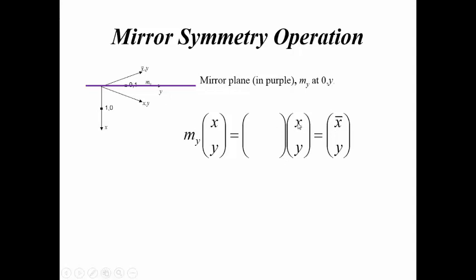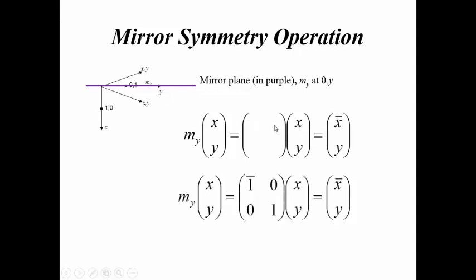Well, if we want to turn the x into minus x, we put 1 bar 0. So let's look at that. And you can see also you get 0, 1 takes y when you multiply. 0 times x is 0, 1 times y is y, so that gives you the y. So that gives me that operation.